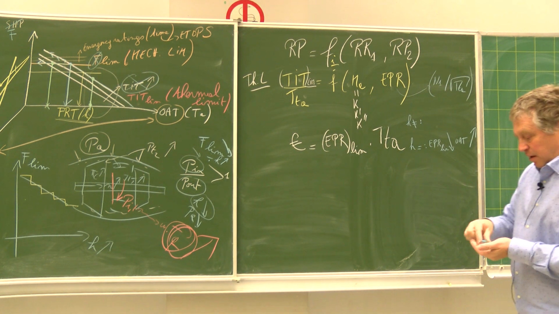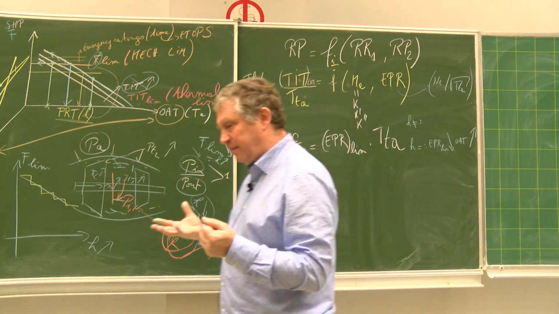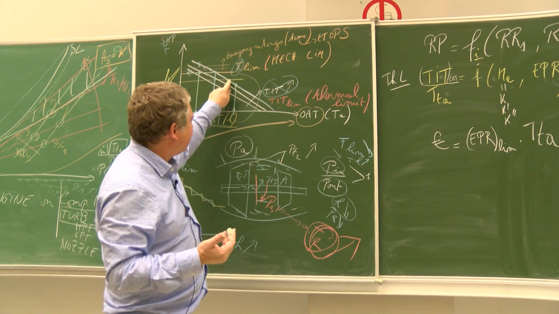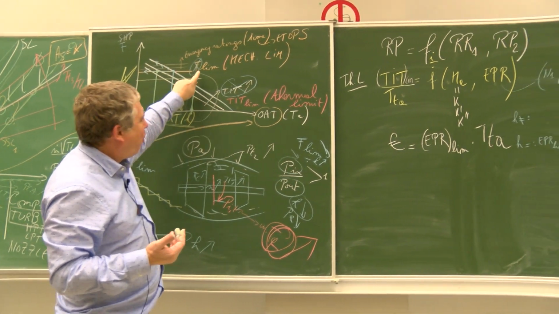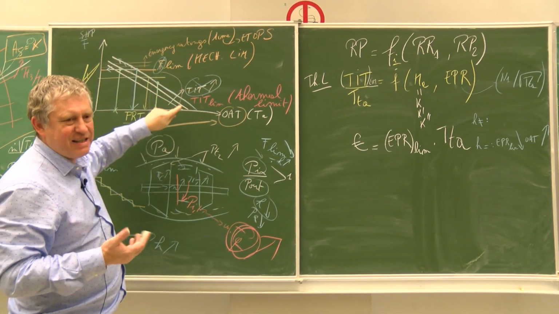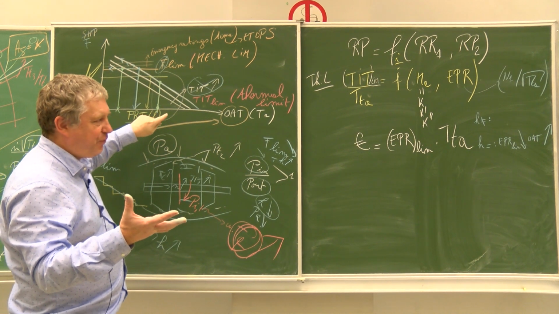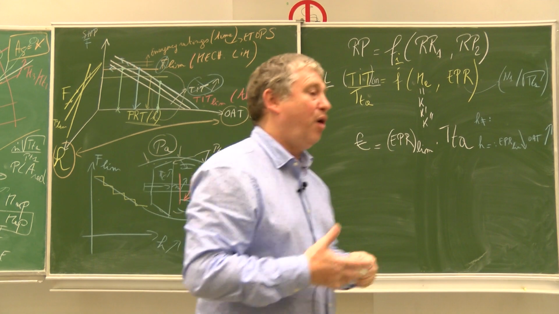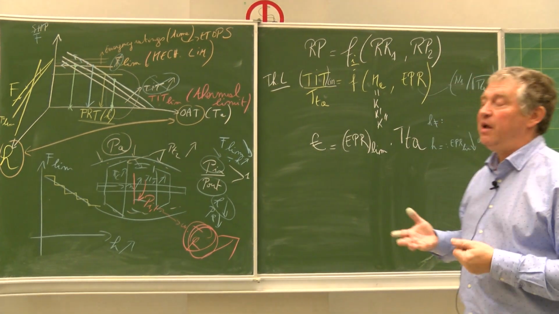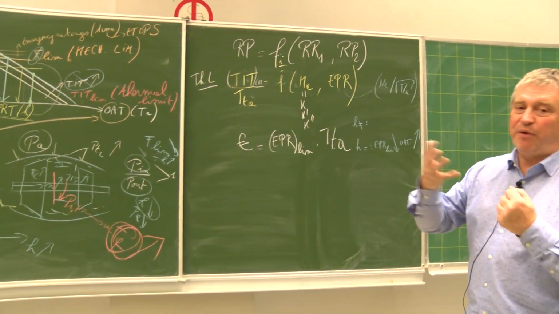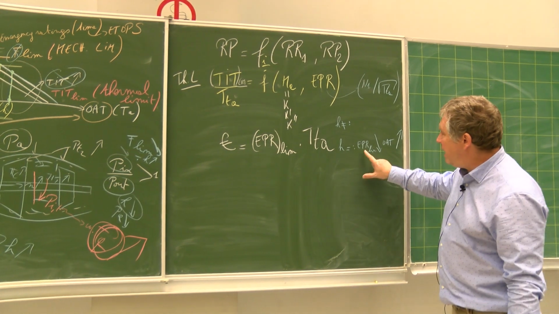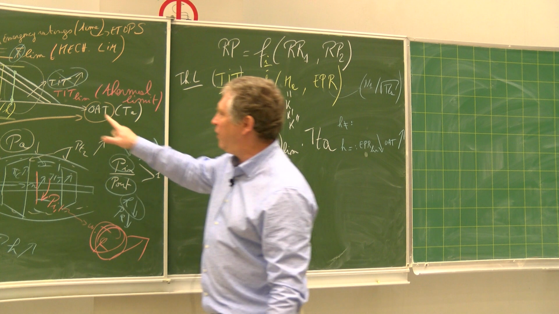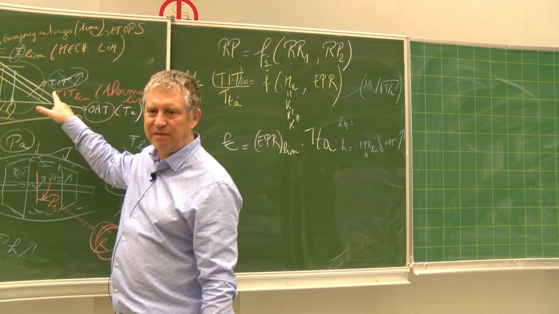So the pilot will do what? He will look in order to understand what is his limit when taking off. He will receive from the manufacturer or the fuel control system, the FADEC is receiving from an engineer, a limit value of the EPR instead of a limit value of the TIT.